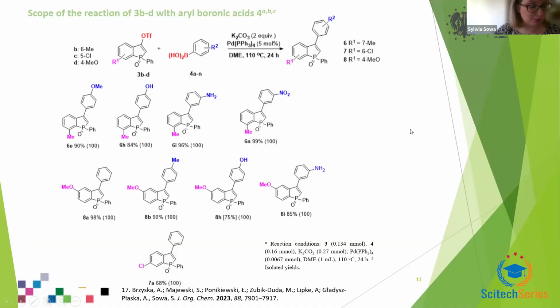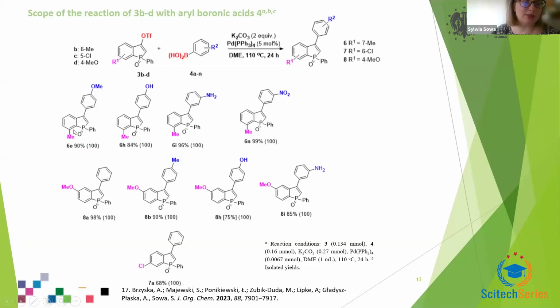Then with optimized conditions, we now examine how the substituent R1 in the triflates impacts the reaction course, and we have found that the reaction proceeds similarly to triflate 3A, which was unsubstituted, for the substituted triflates 3B, C, and D, regardless of the type of substitution.